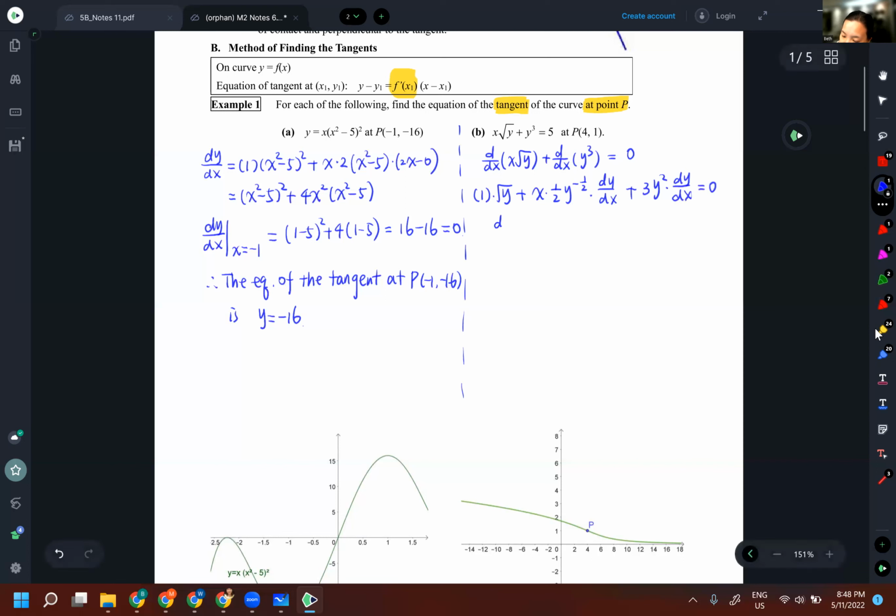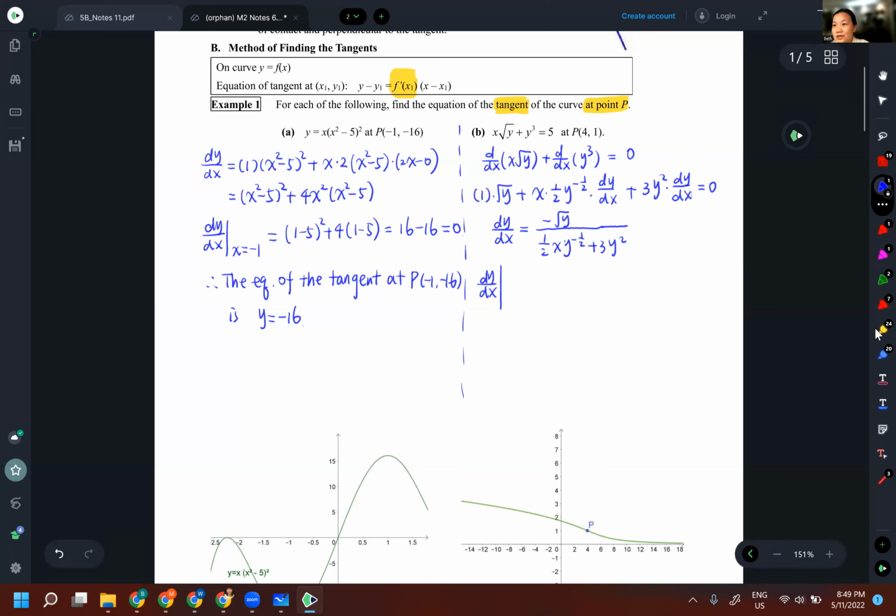And then we can find dy/dx. Okay. As you can see, it's not simplified. But in this case, again, I don't have to. So dy/dx.